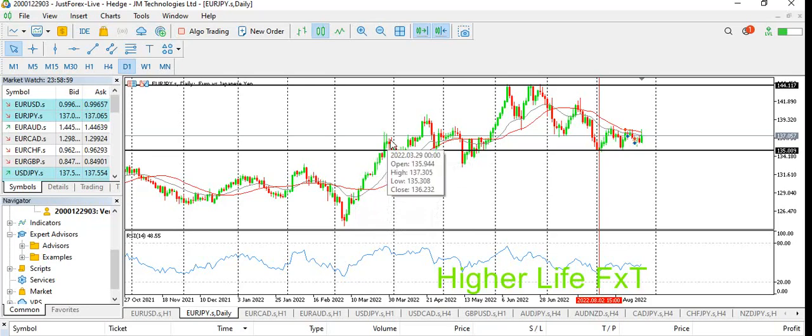It broke this area, which at that time we had to call a resistance because it is at the top and the price is being rejected. Hence, price broke past, and when price broke past and came up here, this zone switched to be a support area because price now is above that level.